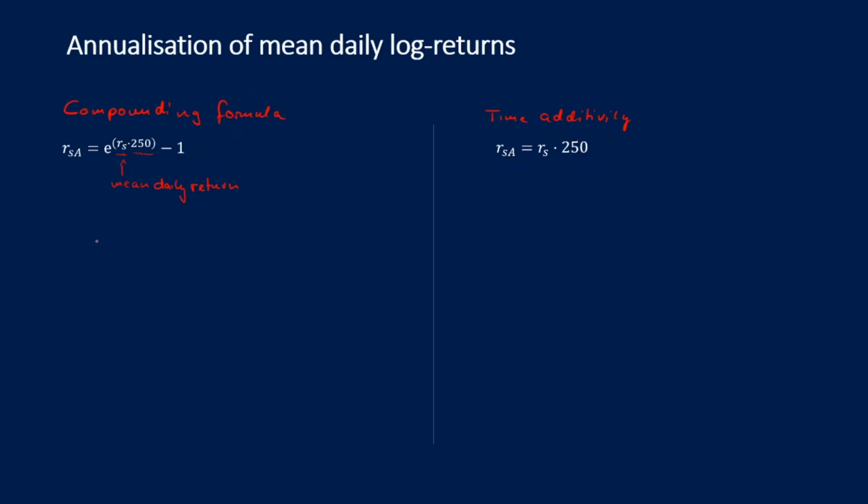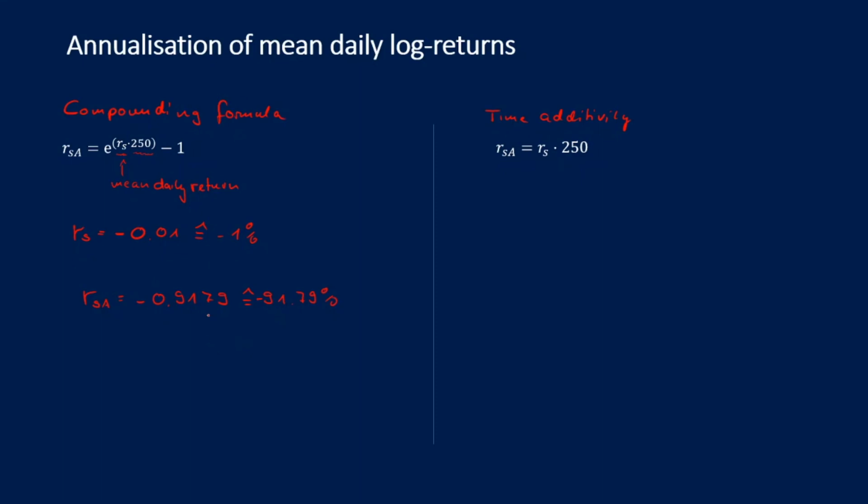Let's make a calculation on that under the assumption that r_s is minus 0.01 or minus 1% equivalently. So if we do that, we will end up with r_sa being minus 0.9179 or minus 91.79%.